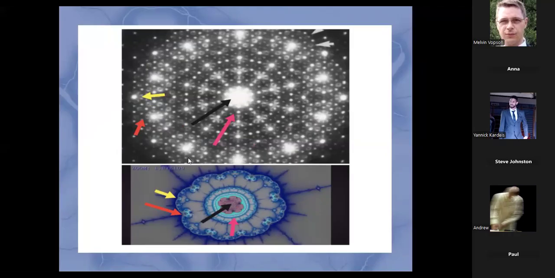We also compared the fractal structure to a quasicrystal, and the similarities are marked with colored arrows. We see here the center in the middle, then these structures, for example, here the yellow arrow, the smaller one, and the position of the bigger ones.